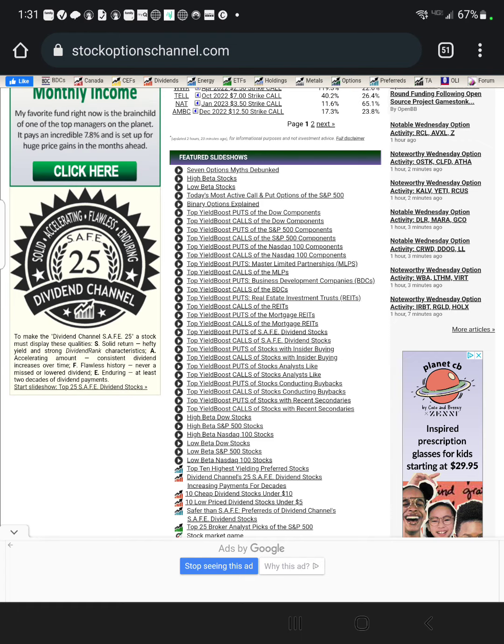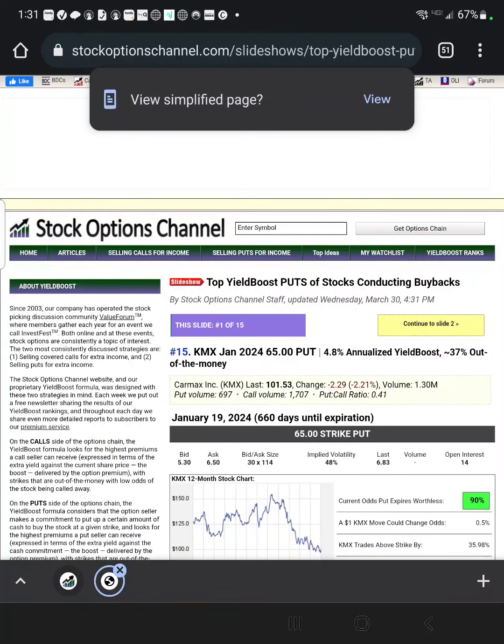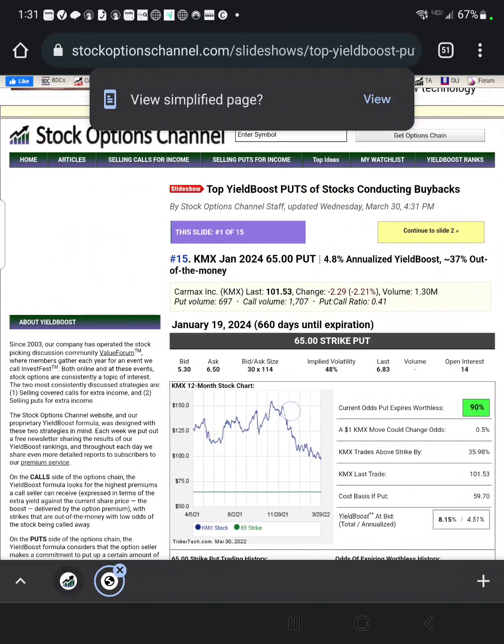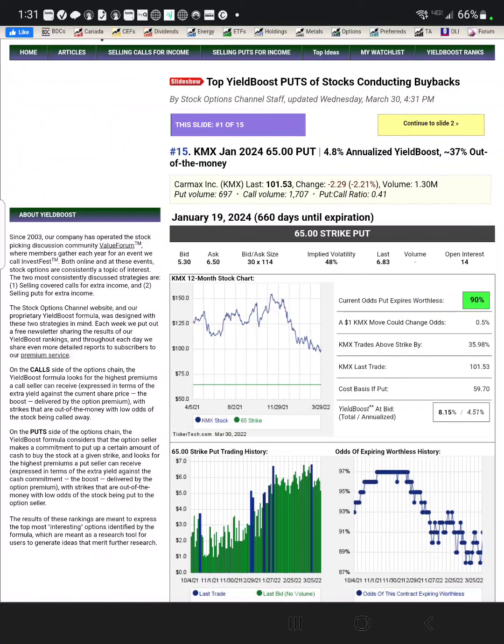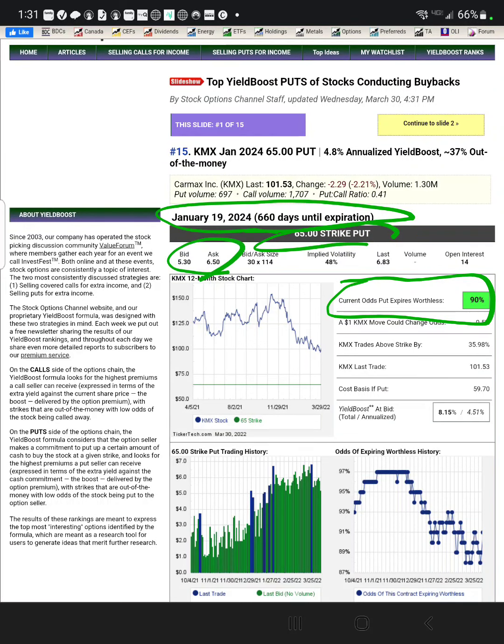So let's go into that. So as you see here, this is showing you the current probability, and this changes daily. So if you're going to do this, you want to keep an eye on the actual contract that you're doing. So this one is 660 days till expiration with a $65 strike put, and the ask bid is between $530 and $650.